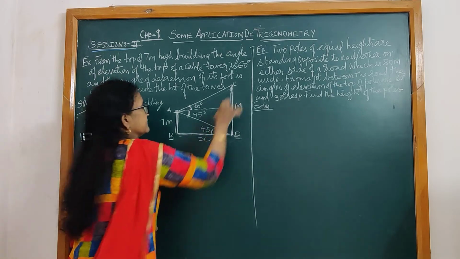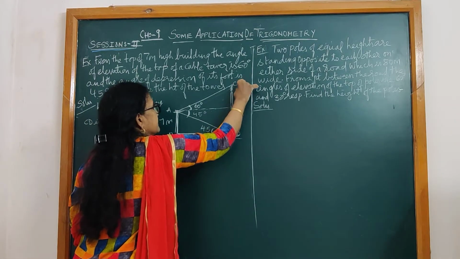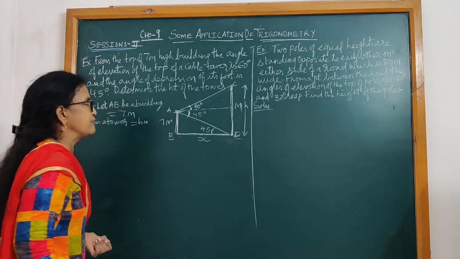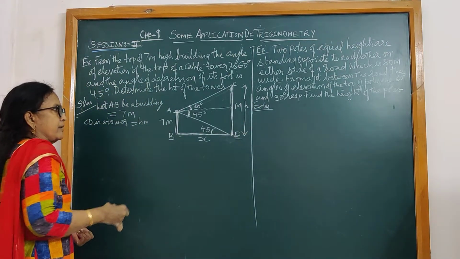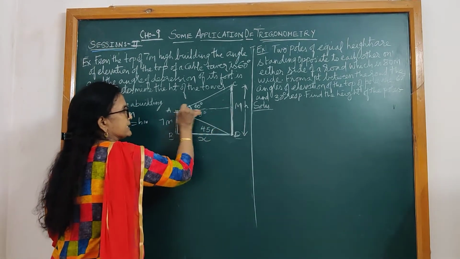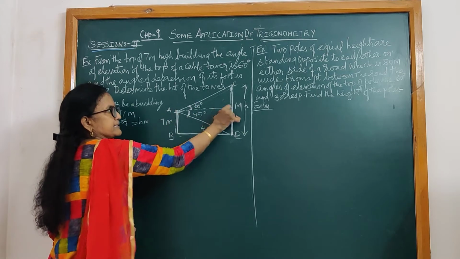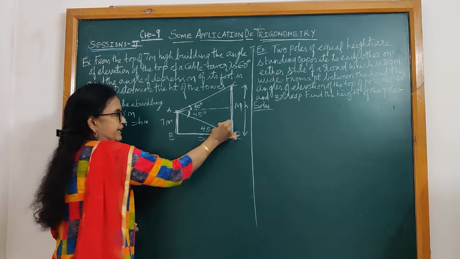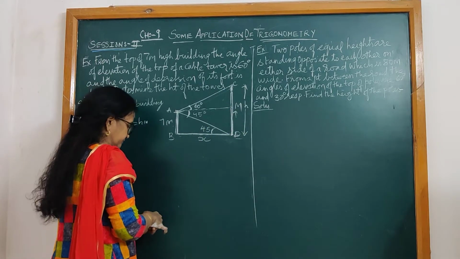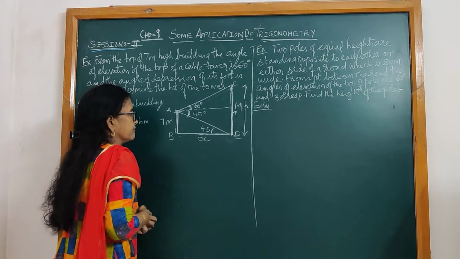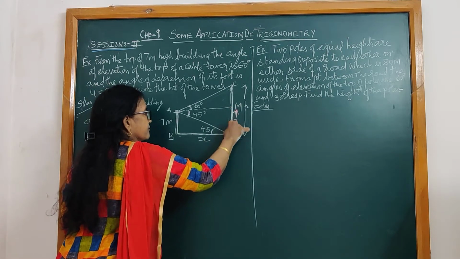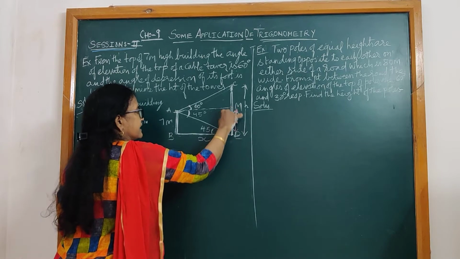I will represent this as H. Now this becomes a rectangle, and opposite sides of a rectangle are equal, so this portion is 7.